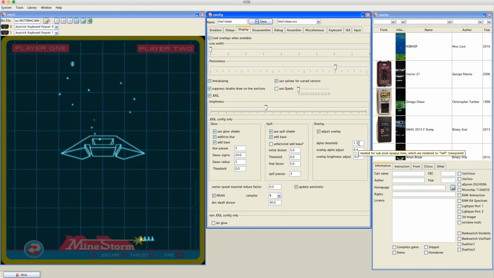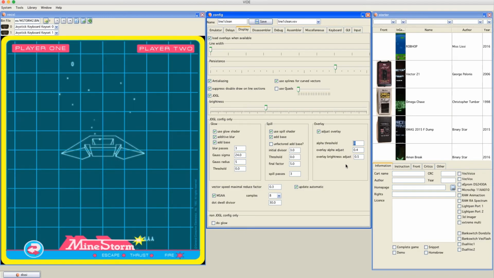So the 1.1 here is an impossible value that cannot be achieved in any way, but taking anything above 1 tells the image everything is transparent. If I put a 0 in here, then I've got the original overlay as I would have if adjustment was not done in any way.